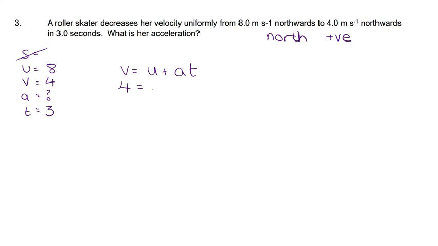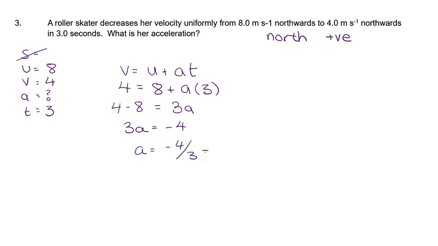So 4 equals 8 plus A times 3. Okay, now we rearrange for A. So moving 8 to the other side, I get 4 minus 8 equals 3A. So therefore 3A is negative 4. So A is negative 4 divided by 3, which is negative 1.33.